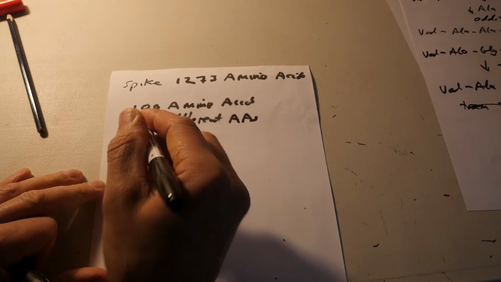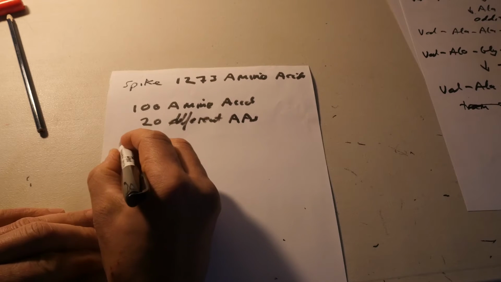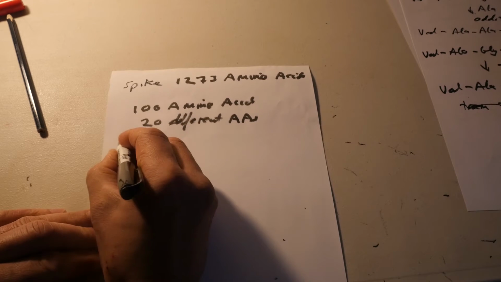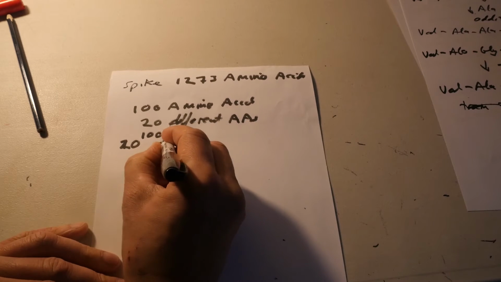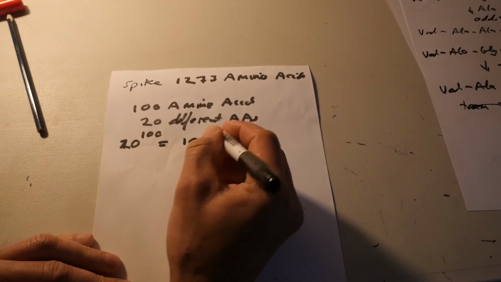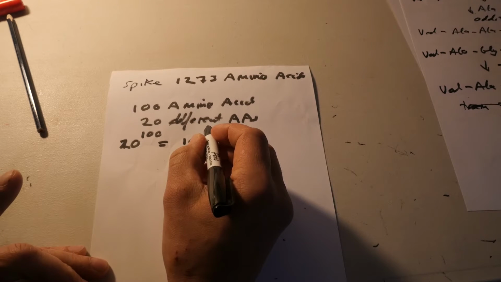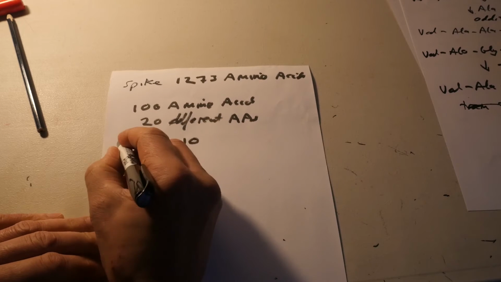The total number of combinations of amino acids is 20 to the power 100, okay? Which is a huge number. That's actually equal to 10 to the power of... I have to work that out somewhere else. It's a very big number, 20 to the power of 100, okay?